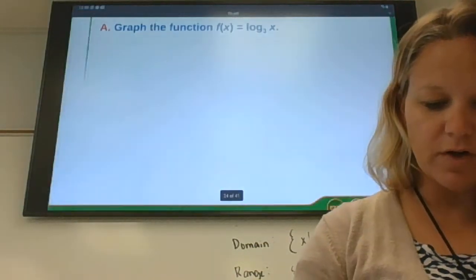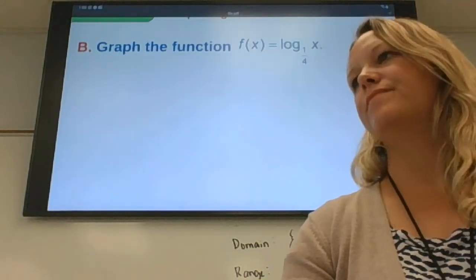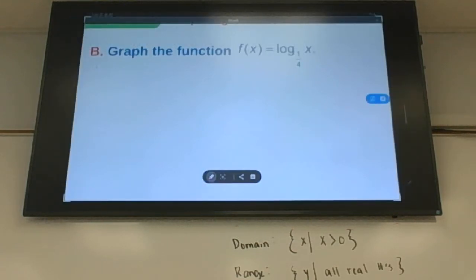Let's try another one, a little more difficult. So that's y equals log 1/4 of x.